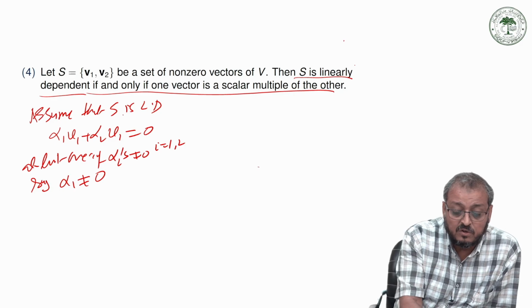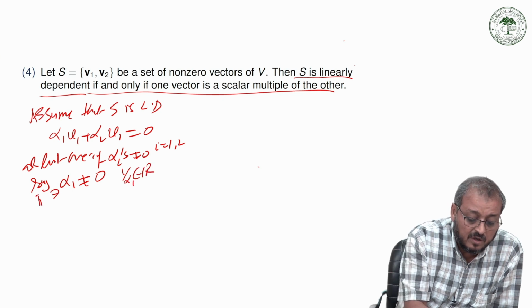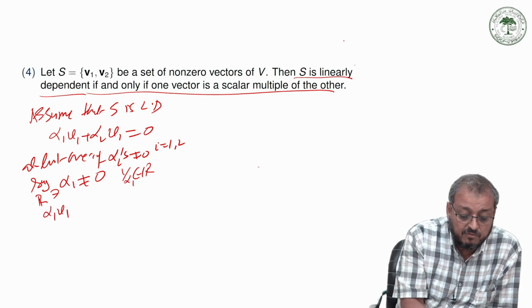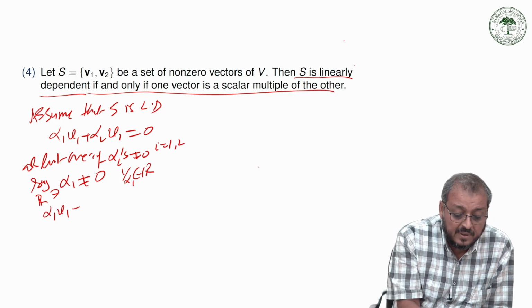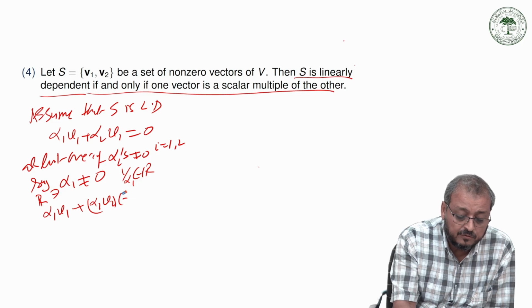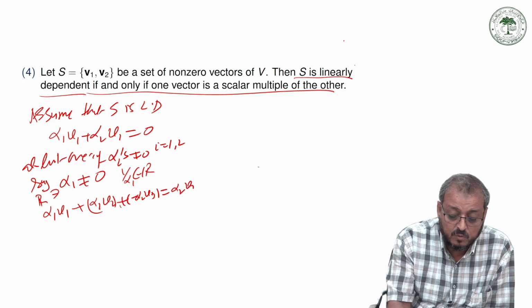If alpha 1 is not equal to 0, and alpha 1 is an element of R, then 1 upon alpha 1 is also an element of R. So we can add minus alpha 2 V2 to both sides, and we get alpha 1 V1 equal to minus alpha 2 V2.